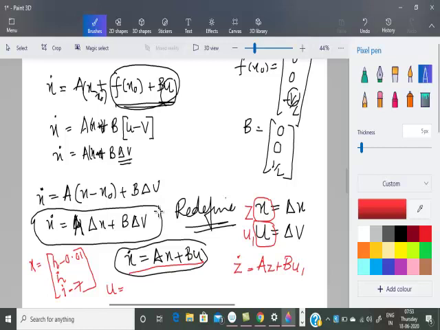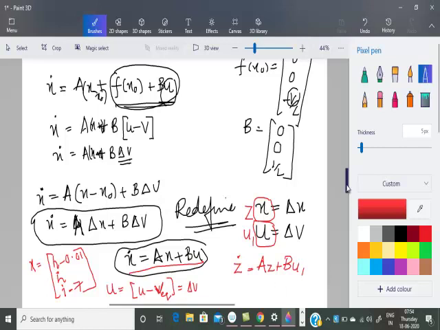So u is the input that you have applied, minus v, the applied voltage at the equilibrium point, which is basically delta v, as written earlier.